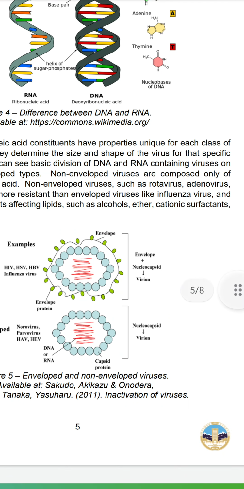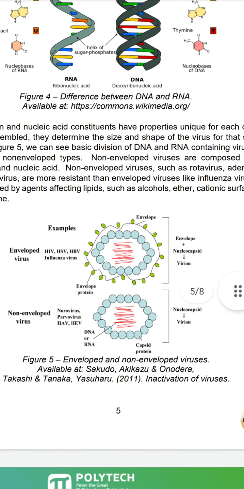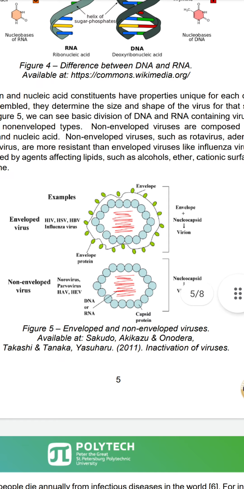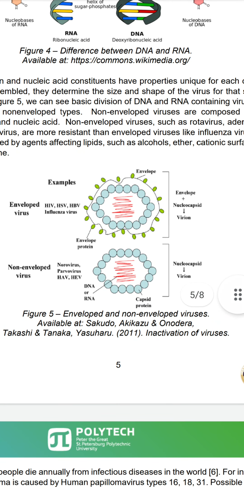For example, this is HIV, HSV, HBV, and influenza virus. It's written here in the enveloped virus: envelope, nucleotide, capsid, and virion. And again, in the non-enveloped, we have norovirus, parvovirus, HAV, and HEV.